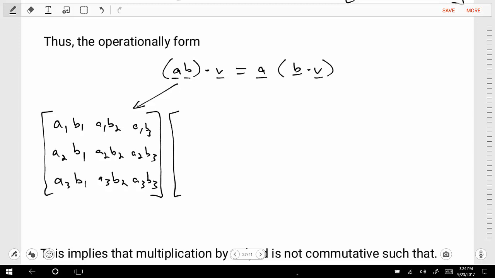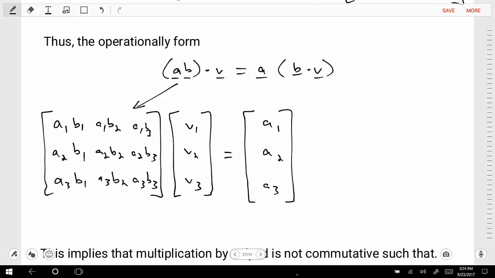And the dot product of our vector V, so say V1, V2, and V3, is equal to the vector A1, A2, and A3 times the scalar product of vector B and vector V.